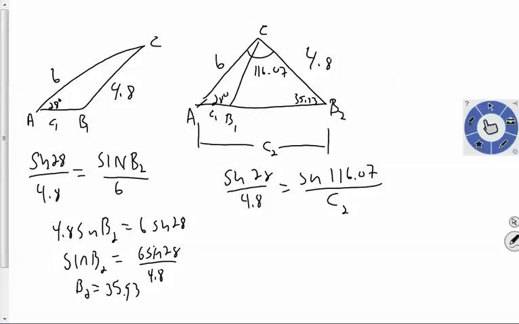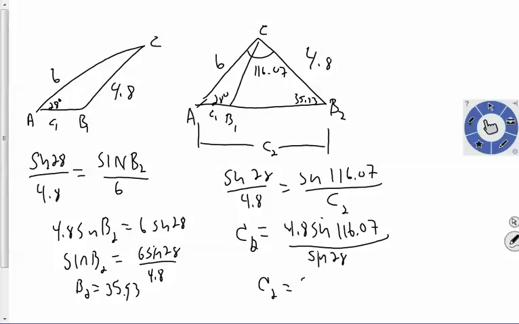And then cross multiply, and you solve a little bit, you get C2 equals 4.8 sine 116.07 all over sine 28, right? So C2 is approximately 9.2.